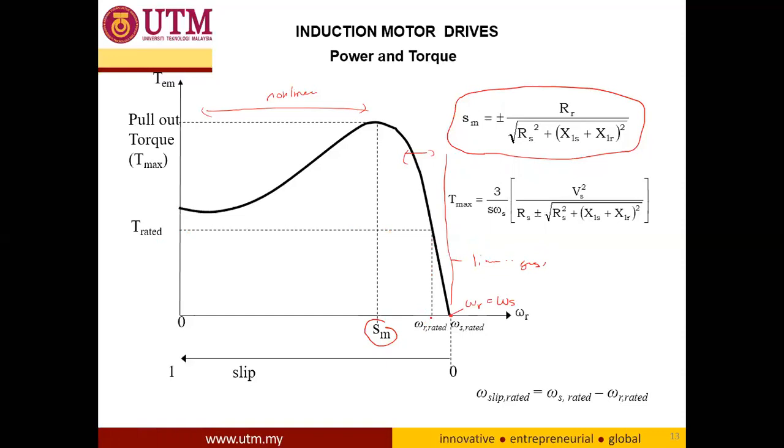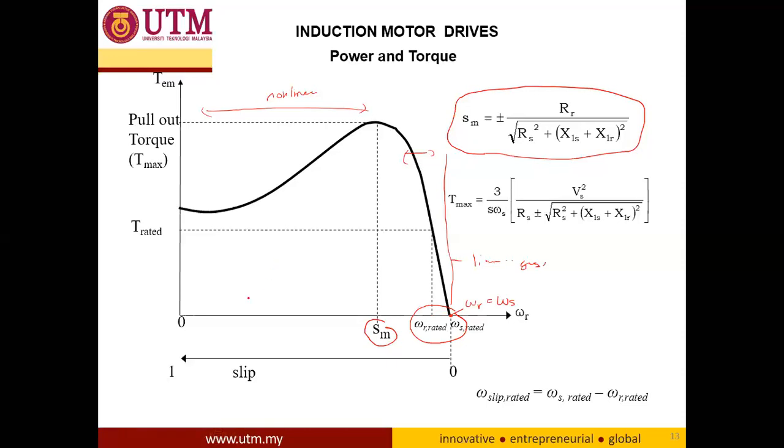So please be noted that our motor will always operate within this area, meaning that your motor is always very close to the synchronous speed, because this is the point where your motor will operate at highest efficiency, highest power factor, and so on.